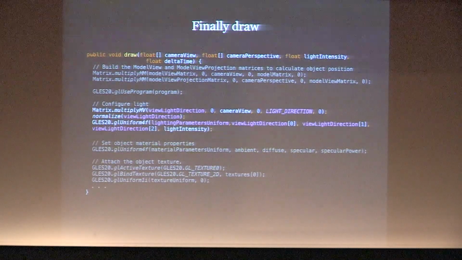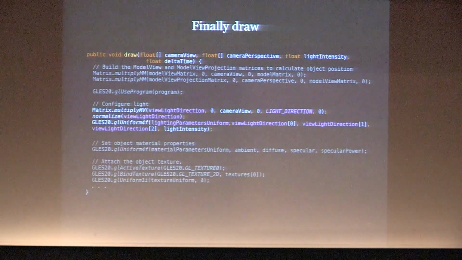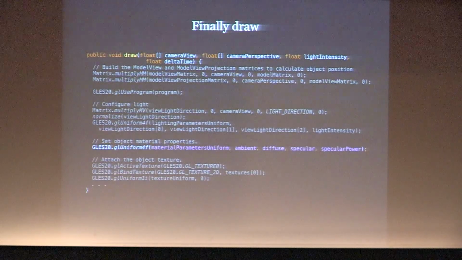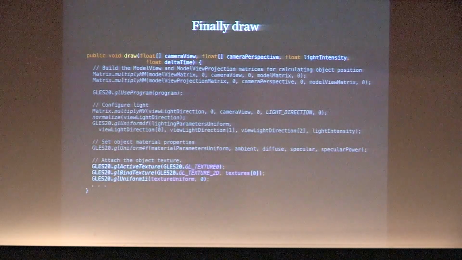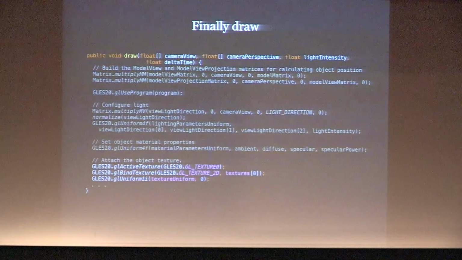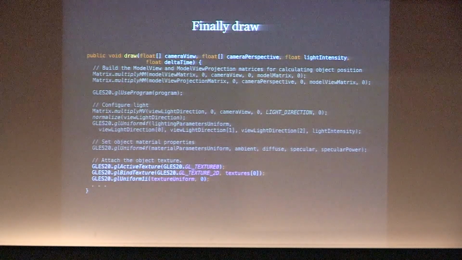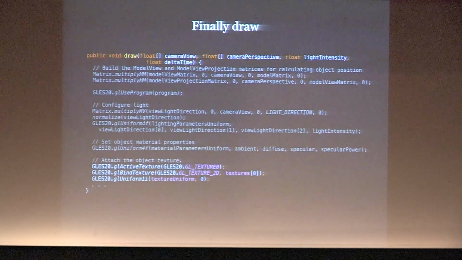You can see the last parameter, light intensity, is a parameter that ARCore is providing to us. Then we're setting the material on our objects. And finally, we are attaching the texture. And that's pretty much it in terms of creating. At this point, we're supposed to have a very nice, hopefully realistic-looking object that will be drawn on top of our camera image.